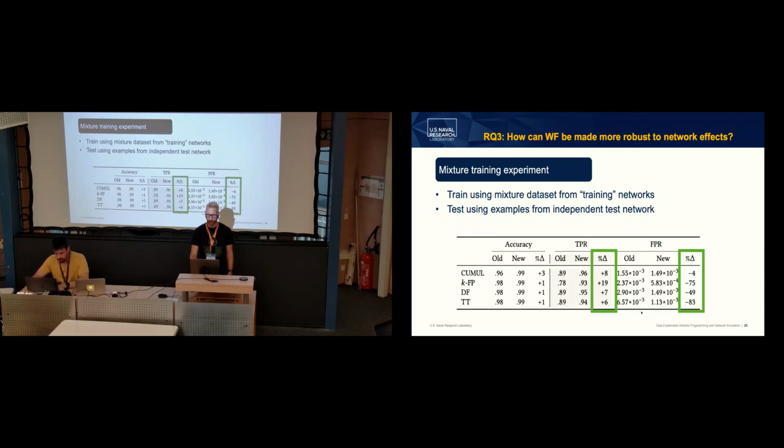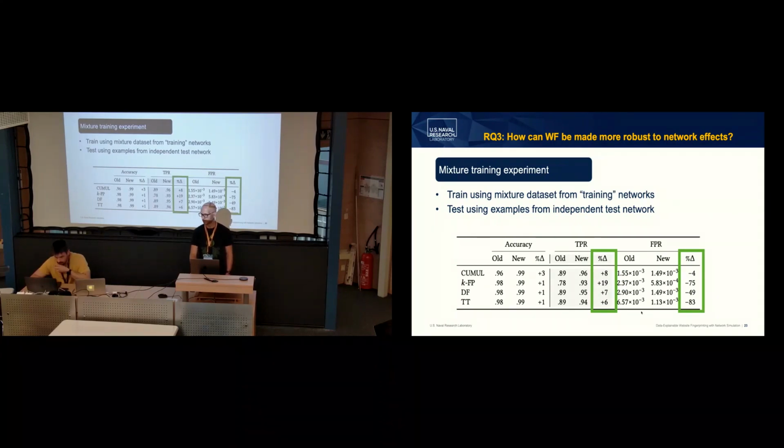And we find that this approach works quite well. For the TPR, we see single to double digit increases, and for the FPR, double digit reductions, up to 83% in the highest case. So for the case that we looked at, this does make a more robust classifier that is better at the task.